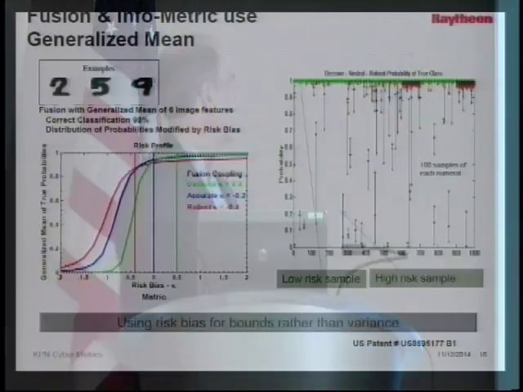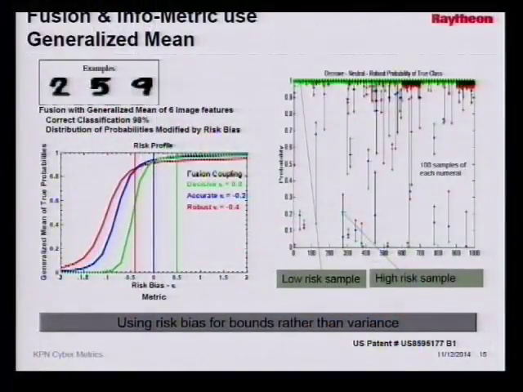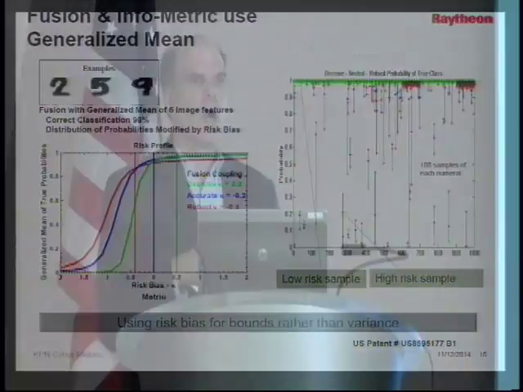But we can go a little bit further here, and something we've done at Raytheon is we've designed a system where rather than reporting one probability, you actually report 3 probabilities. And those probabilities are optimized for different purposes.